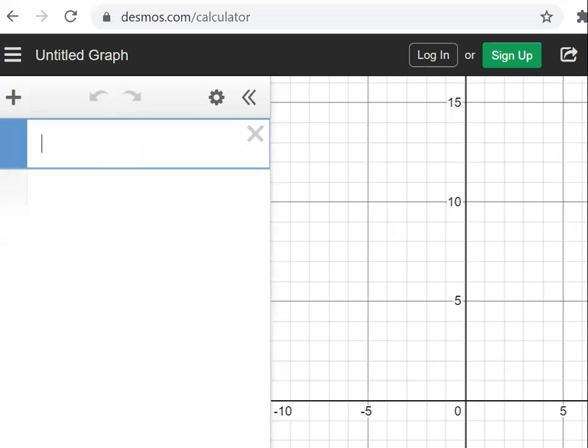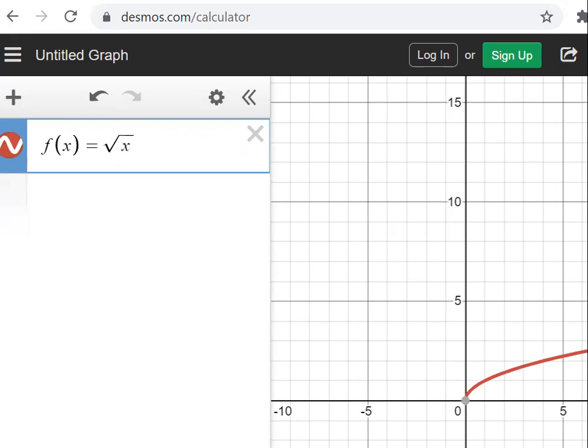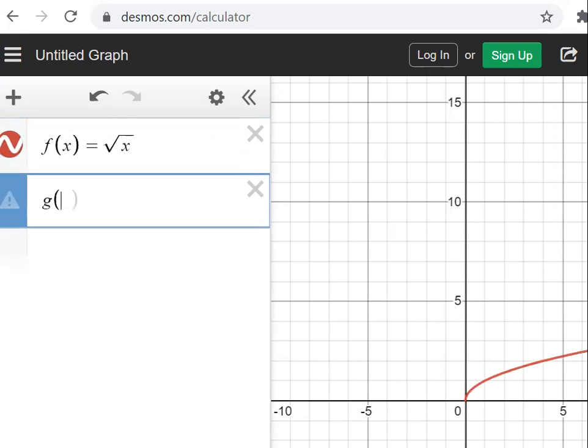Okay, the graph that we have, the curve: f of x equals sqrt, that's the short key for the square root, so square root x. And then the next one, put another name, g of x equals 1 as the horizontal line.